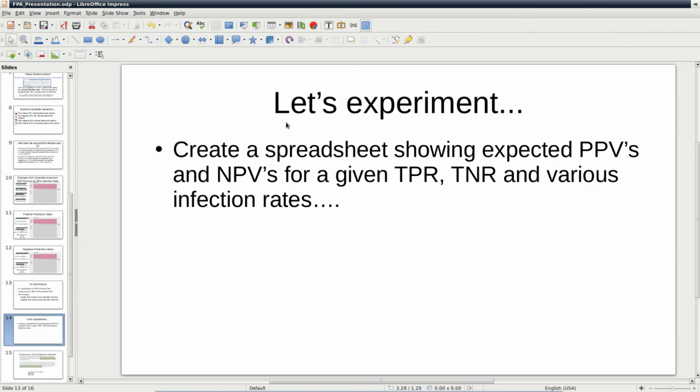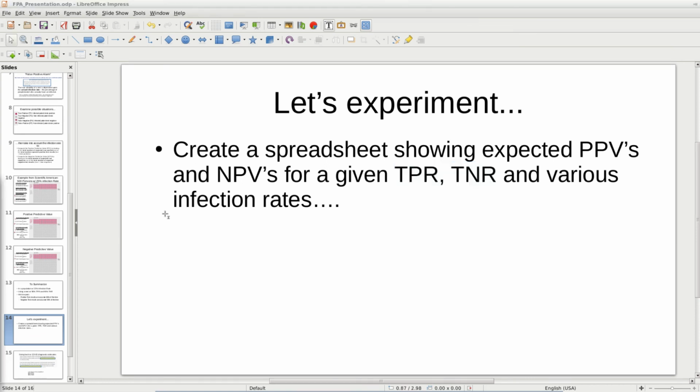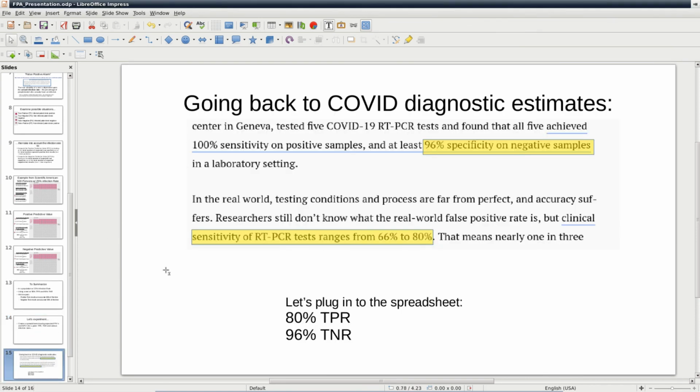So here we go. Let's experiment. I've created a spreadsheet that shows the expected positive predictive values and negative predictive values for a given true positive rate, true negative rate, and also various infection rates. Now let's go back to that article for the COVID diagnostic estimates.